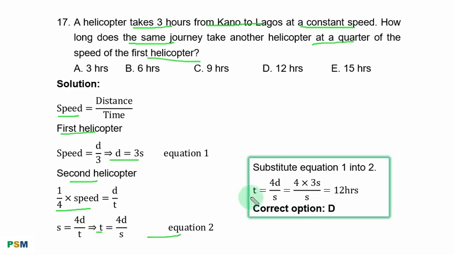To continue, you have to substitute equation 1 into equation 2. So you write equation 2 first. Equation 1 is d equal to 3s. You replace d with 3s. S cancel s. 4 times 3 is 12. So you have 12 hours. The correct option is D.